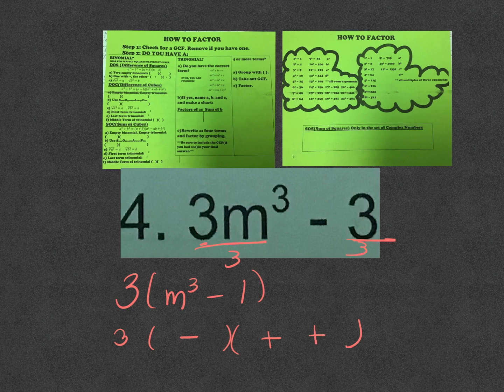Now to find what goes here, you take the cube root of a. This is m cubed. So the cube root of m cubed is just m. So make sure that you show that work there. And then to find what goes in this spot, you do the cube root of 1, which is 1. To find what goes here, you square this.